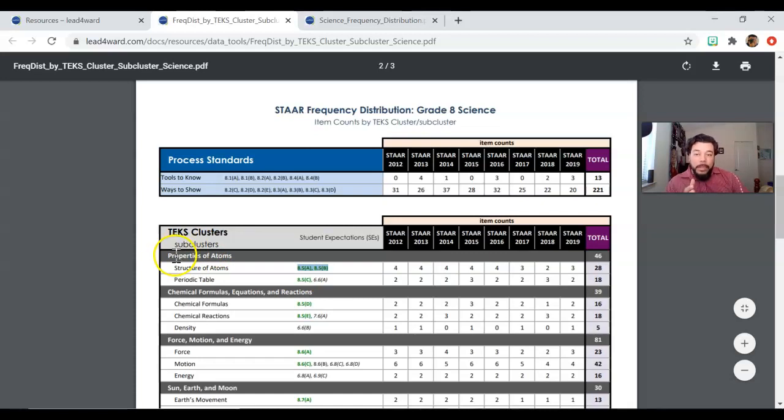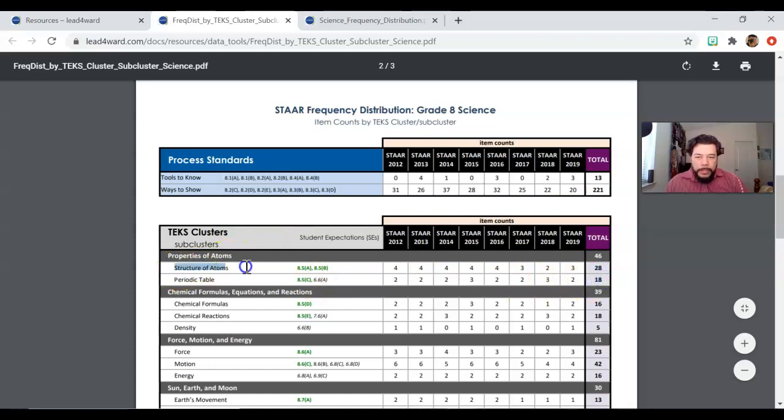So in this document, it'll give you the number of times that this cluster has been tested. So properties of atoms has been tested 46 times. And then looking at the subcluster structure of atoms, specifically 8.5A and 8.5B, have been tested 28 times. And the periodic table has been tested, specifically the SEs 8.5C and 8.6A, have been tested 18 times.